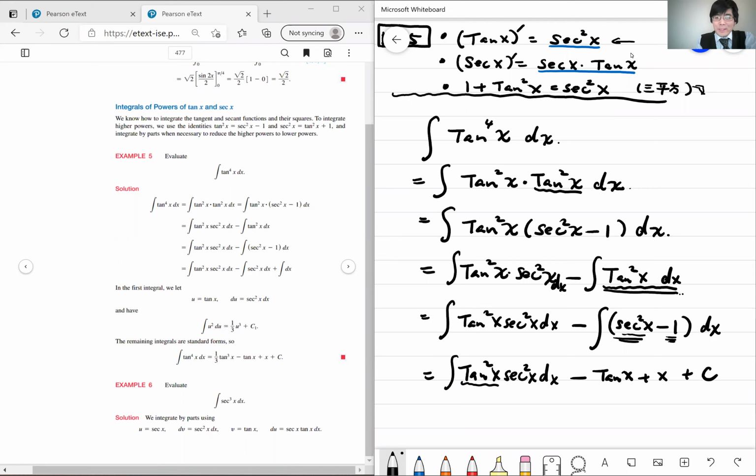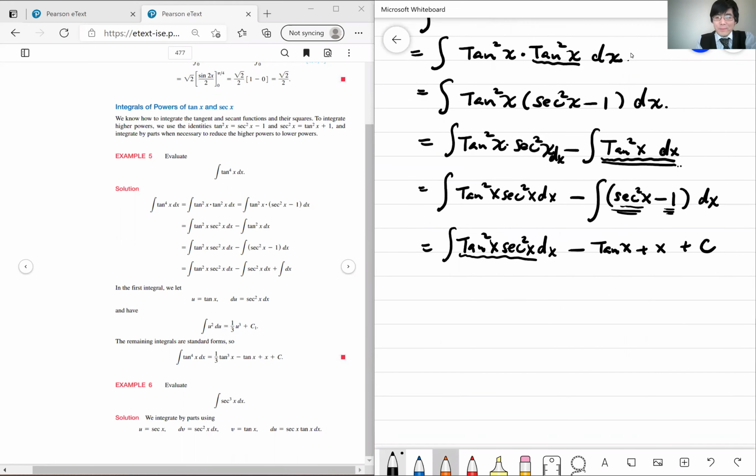So now all we need to do is how we deal with this part. Well, this is not so bad because this part is the derivative of tangent. So you have a function of tangent here, and here is the derivative of tangent. So you can use a u substitution where u is equal to tangent. Then du will be secant square x dx.